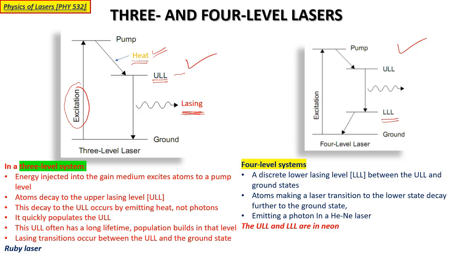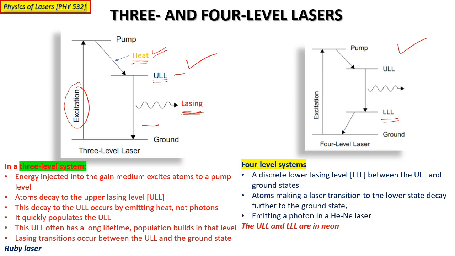In the 3-level laser, there is no other intermediate level, so it directly goes to the ground, which is a natural state, and from the ground you need to pump again, so you need too much energy for the pumping.